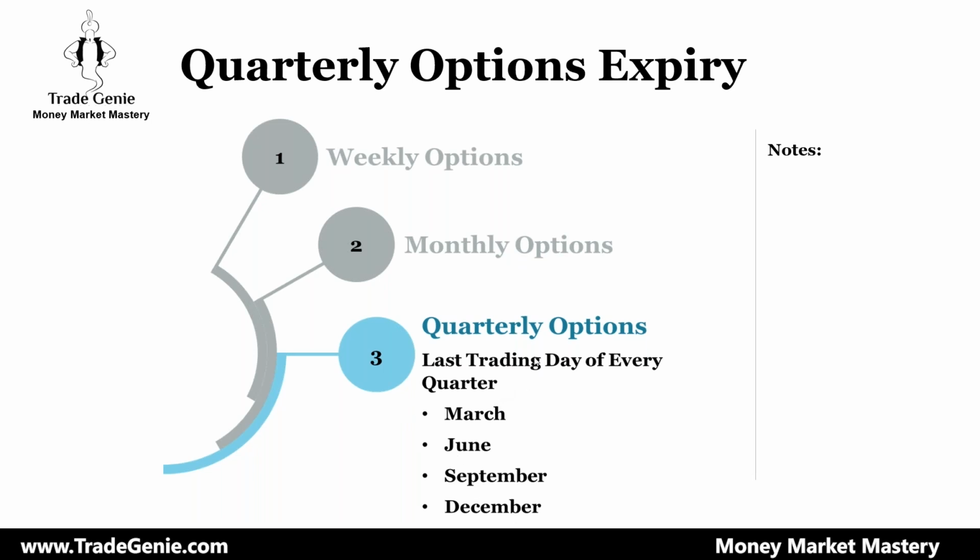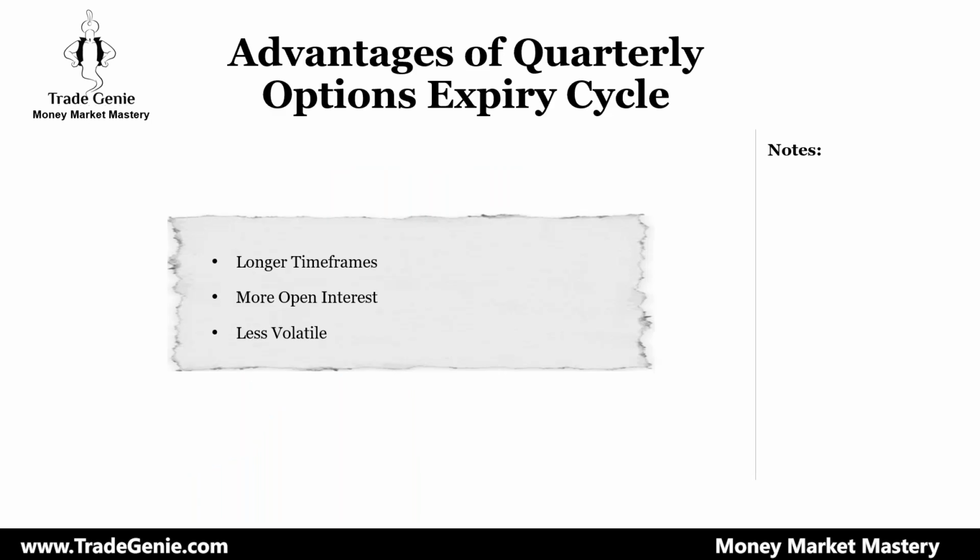There are some stocks which have quarterly options. I focus on the monthly options. Quarterly options have a longer time frame, 3 months, more open interest and they are less volatile. In options, you need to trade options where the public is trading. They are either the speculators making a lot of money or losing a lot of money.